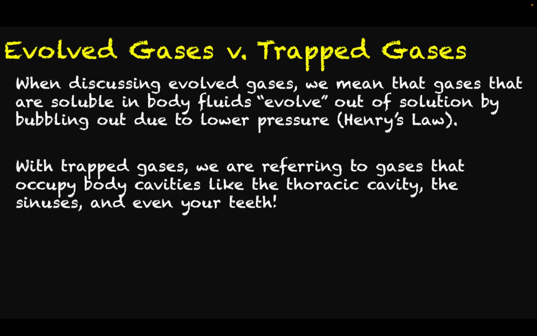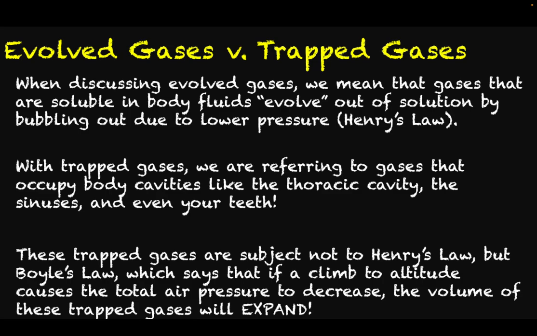With trapped gases, what we're really referring to are gases that naturally occupy different body cavities, like your thoracic cavity, the different sinuses around your nasal cavity, and even your teeth and your GI tract. These trapped gases are not going to be that interesting with respect to Henry's law, but they are going to be dictated and governed by Boyle's law, which we saw in the previous chapter.